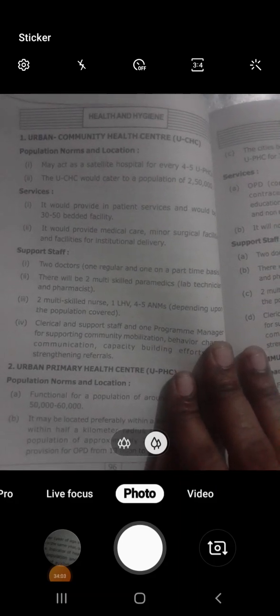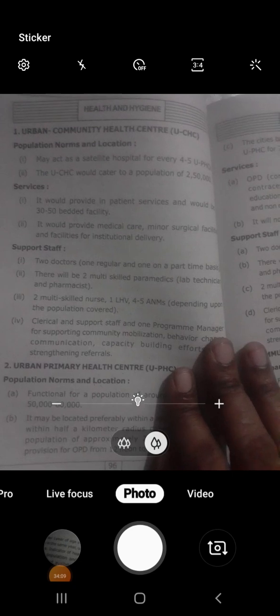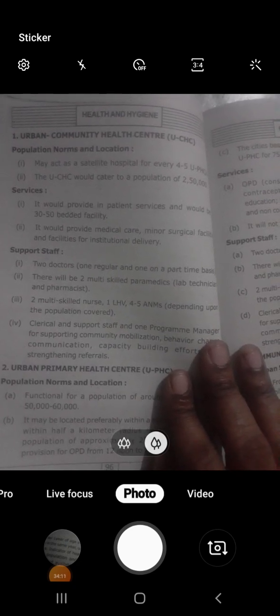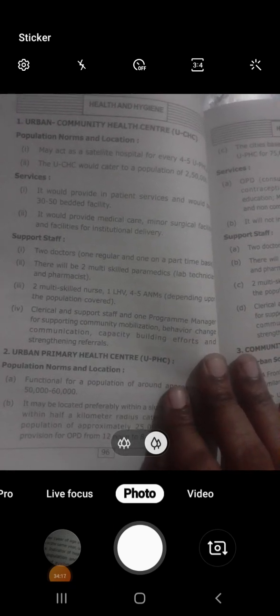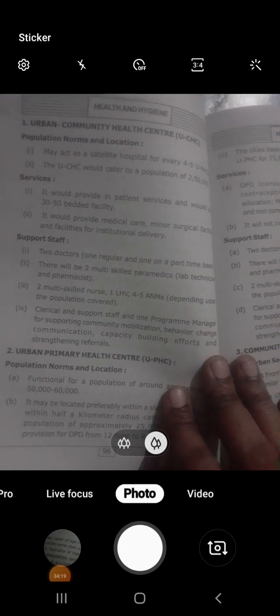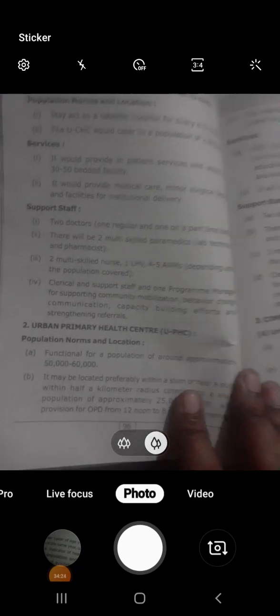Support staff should be provided: 2 doctors, 1 regular and 1 part-time. There are 2 multi-skilled paramedics, one a lab technician and one a pharmacist. Nurses also, ANMs depending upon the population covered. And clerical and support staff also should be there depending upon the hospital.